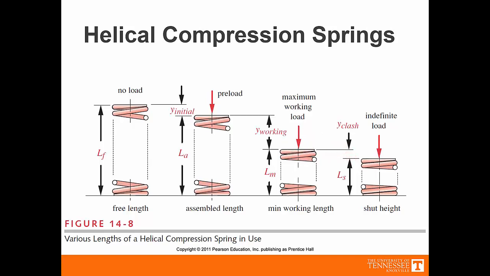What this means is that the total amount of displacement necessary to shut the spring will be equal to the initial displacement, the working displacement, and the clash displacement all added together. And very often the way we're going to define this is with an alpha, which is a percentage of the working displacement. That's what we'll let our clash displacement be.